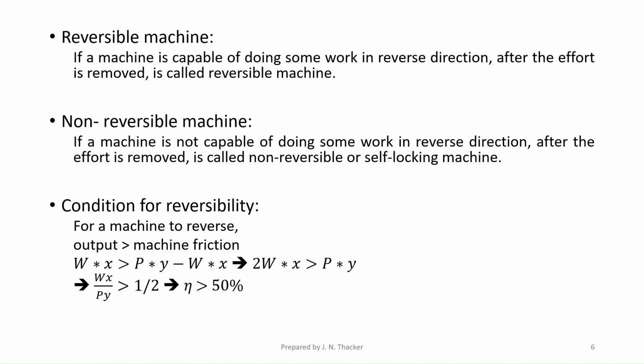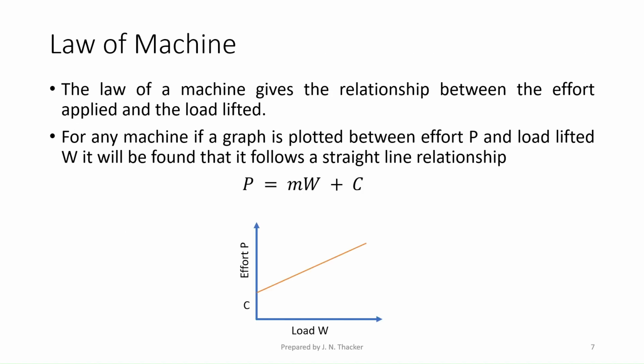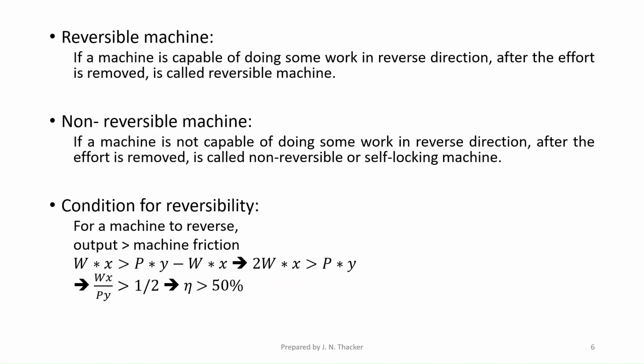Now this Wx is your output, Py is your input. So this is nothing but eta, efficiency. So if efficiency eta is greater than 50%, your machine can reverse, or if it's not, it is a non-reversible or self-locking machine.